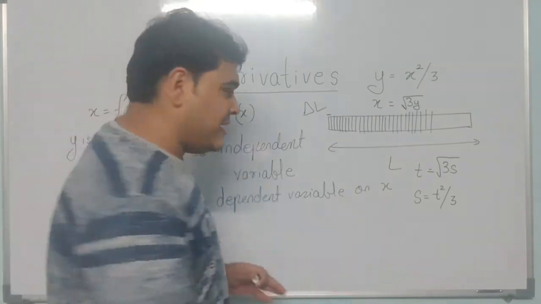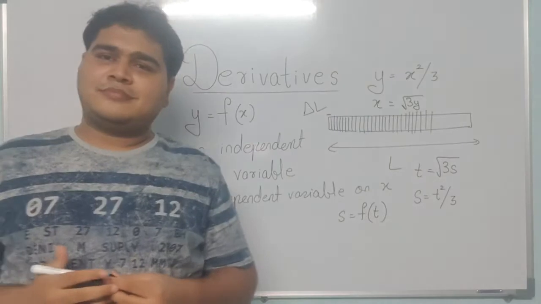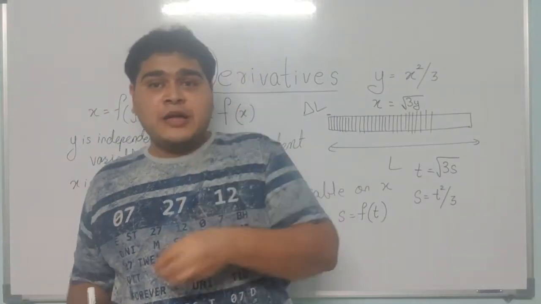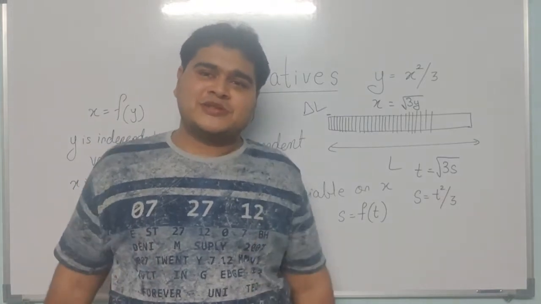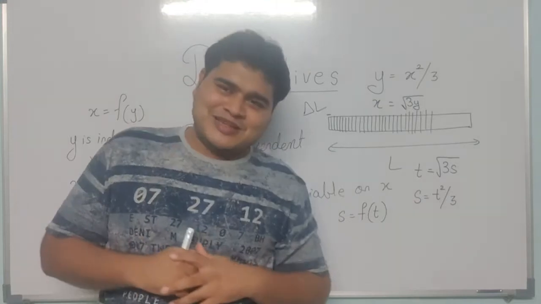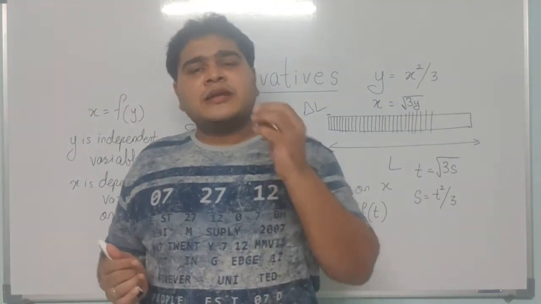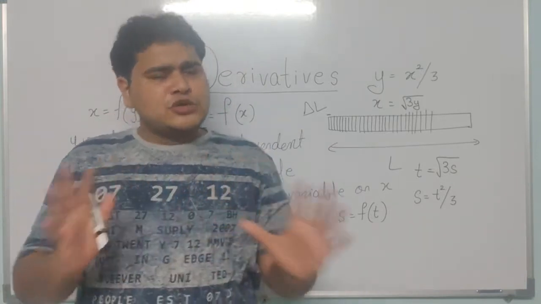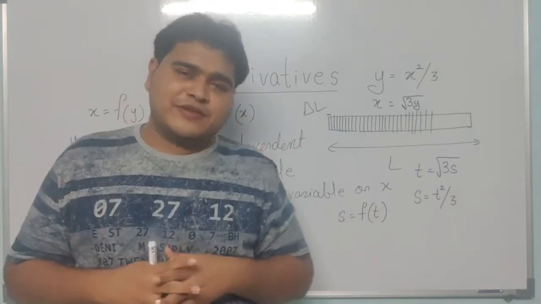So I have to write s is a function of t. I can never write time is a function of distance or displacement. That's practically not possible. You cannot regulate the time using the distance or displacement. So most of the time, what you're going to find is time as your independent variable, but not always. You can have a relation between different quantities also.